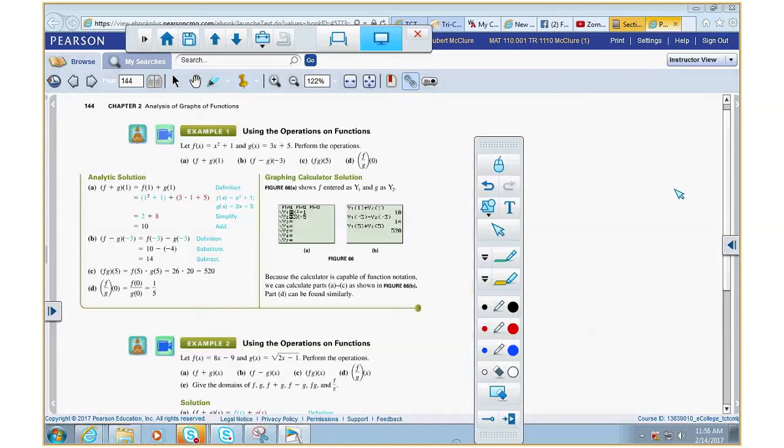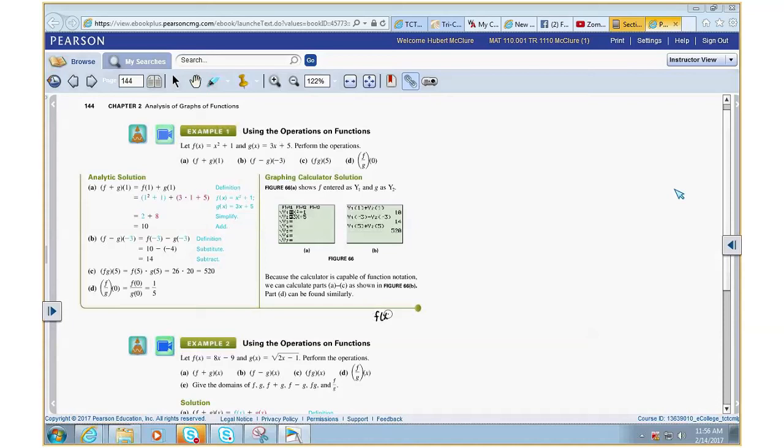Alright, so f of x is equal to 8x minus 9. G of x is equal to the square root of 2x minus 1. F plus g of x, a, 8x minus 9 plus, parentheses, the square root of 2x minus 1. That's it. That's all you can do.